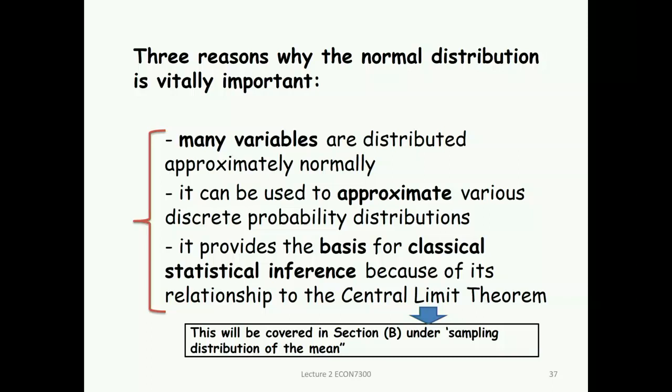The second one: if the question is binomial, for instance, let me ask you a question. You flip a coin 100 times. What is the probability that the head would be 2 or greater? You have to calculate the probability of 3, the probability of 4, 5, 6, 7. So it is a lot of things. But we could use a normal distribution to approximate the result.